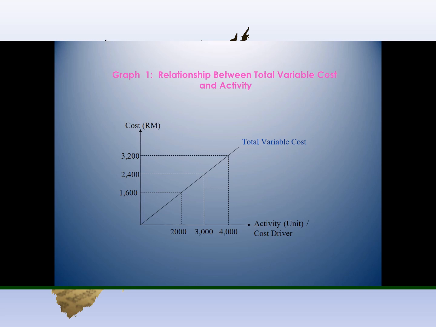When the activity increases to 3,000 units, the variable cost increases to 2,400 ringgit. When the activity is 4,000 units, the variable cost is 3,200 ringgit. So the conclusion is, total variable cost increases and decreases in proportion to the changes in the activity level.